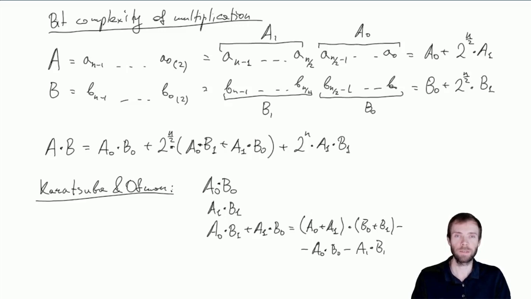The only detail here is that this is the product not exactly of n over 2-bit numbers, but these numbers A0 plus A1 and B0 plus B1 are actually n over 2 plus 1-bit numbers, because we could have a carry while adding these numbers into the most significant bit.